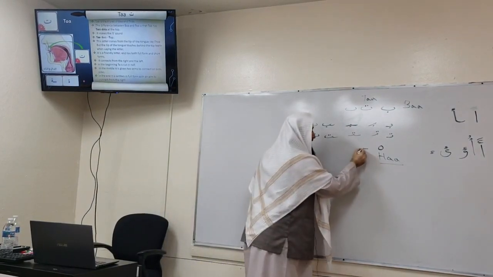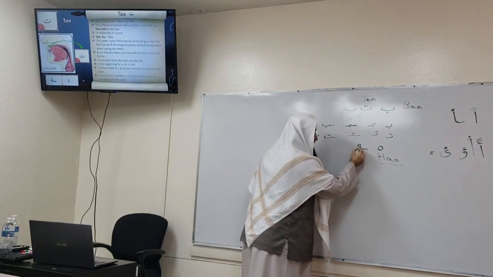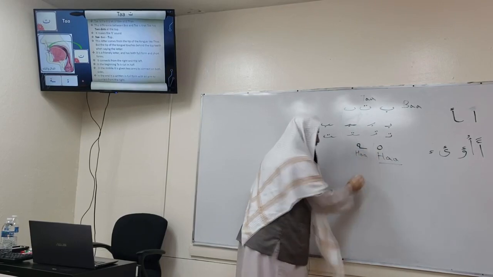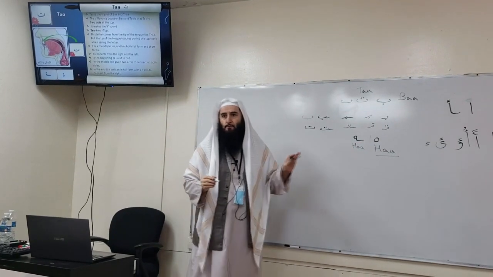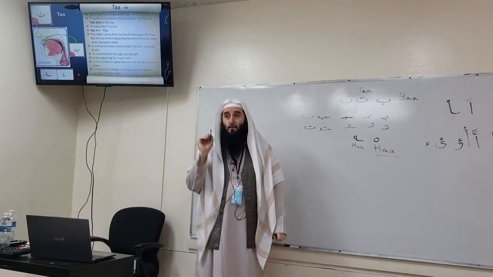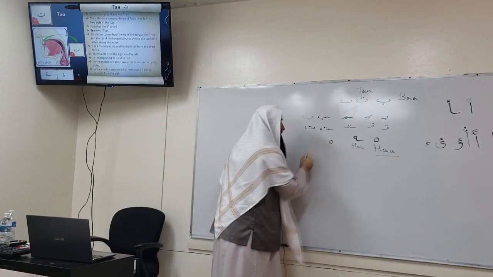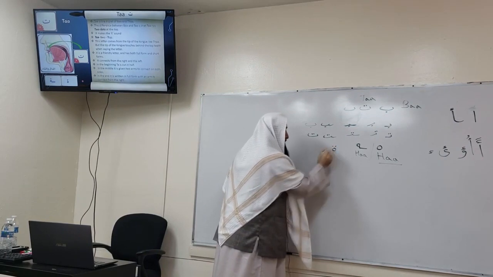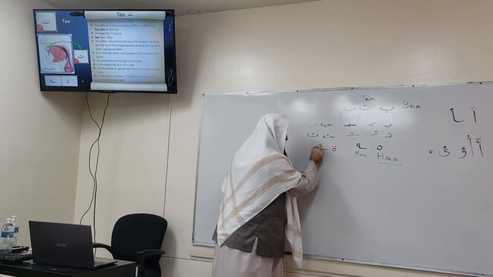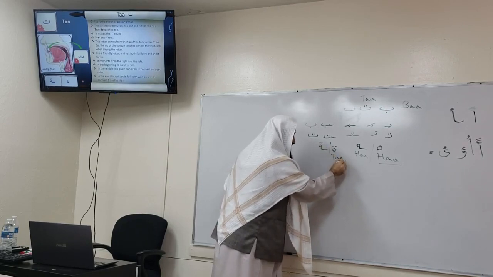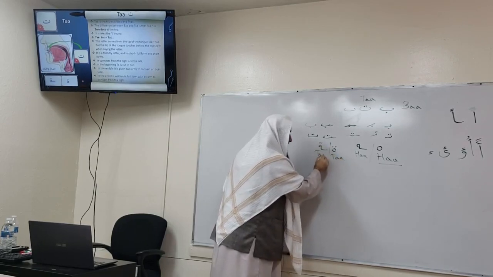If I have it connected, like this, this is also ha. Connected from the right. You got it? Now, same shape, but 2 dots on the top. This is ta.